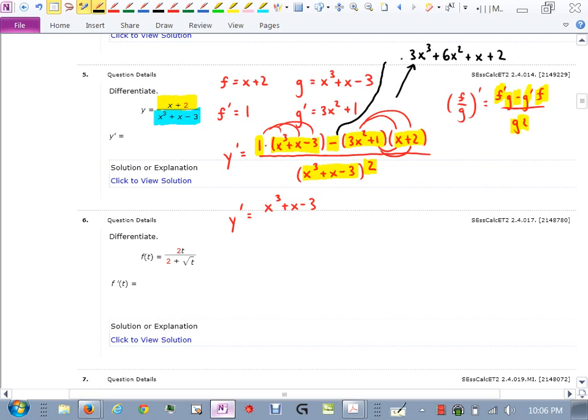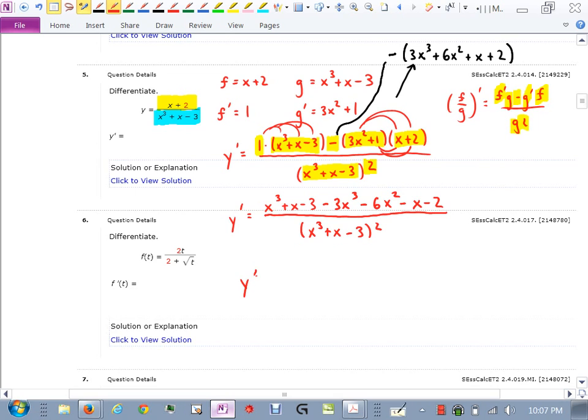So that minus sign is going to have to distribute through to everything there, which is why down here I'm going to have negative 3x cubed, then minus 6x squared, then minus x, then minus 2, and then all of that over the denominator squared. Now I'm not going to square that. I'm just going to leave it like this, and I'm going to clean up the top.